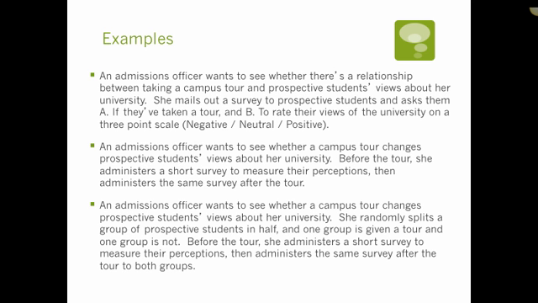Before the tour, there would be a pretest to all of the people to measure their perceptions of the university, and then afterwards, she would administer the same survey to both groups. So she would be able to say that the only reason anybody's views would change from pretest to post-test would be because of the tour or the lack of tour. So that would be a true experiment.